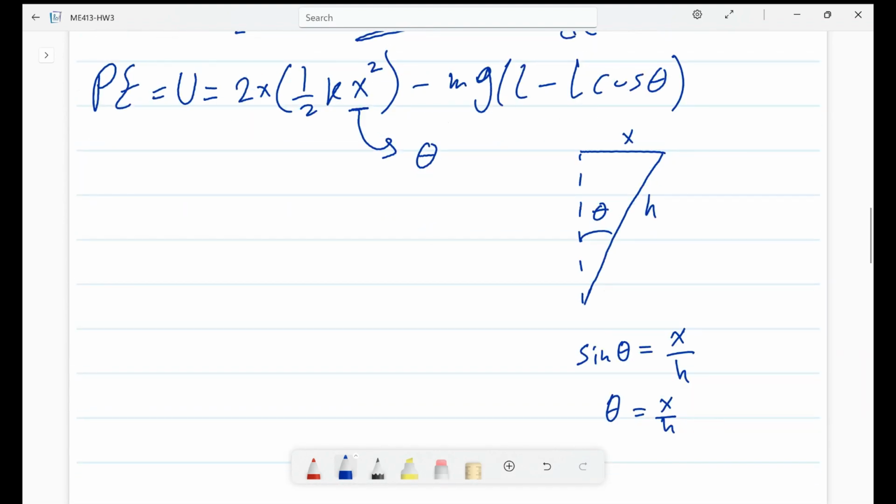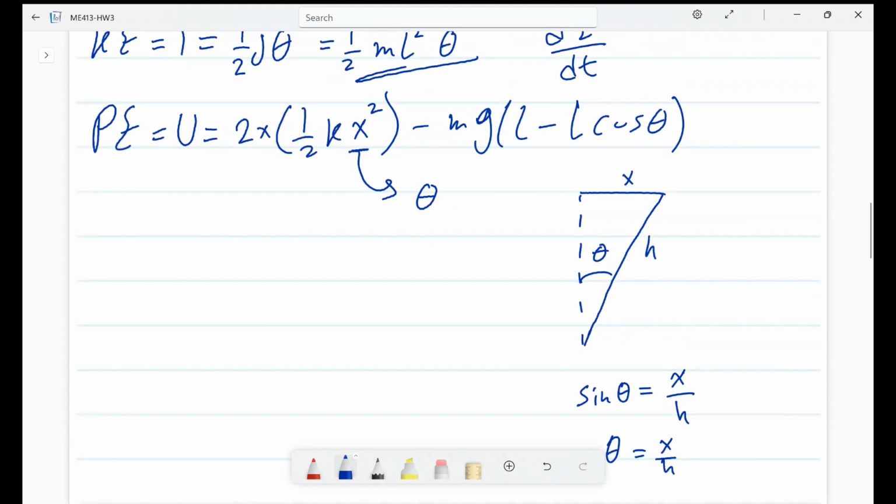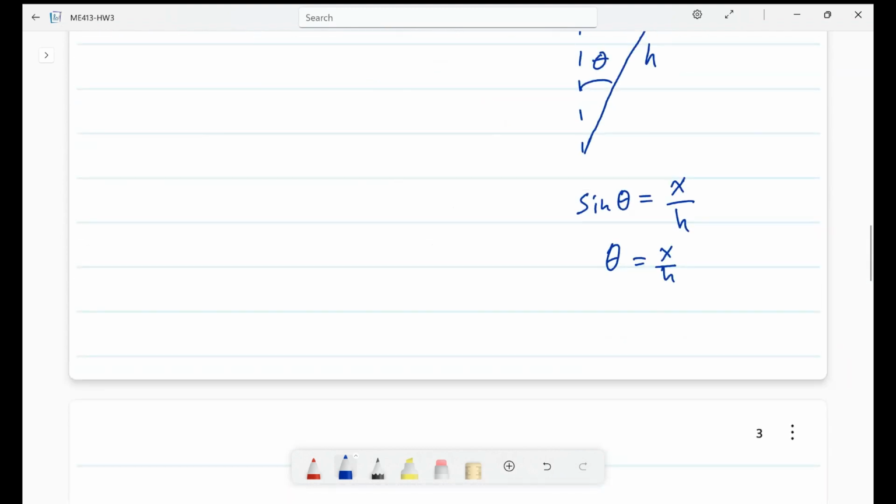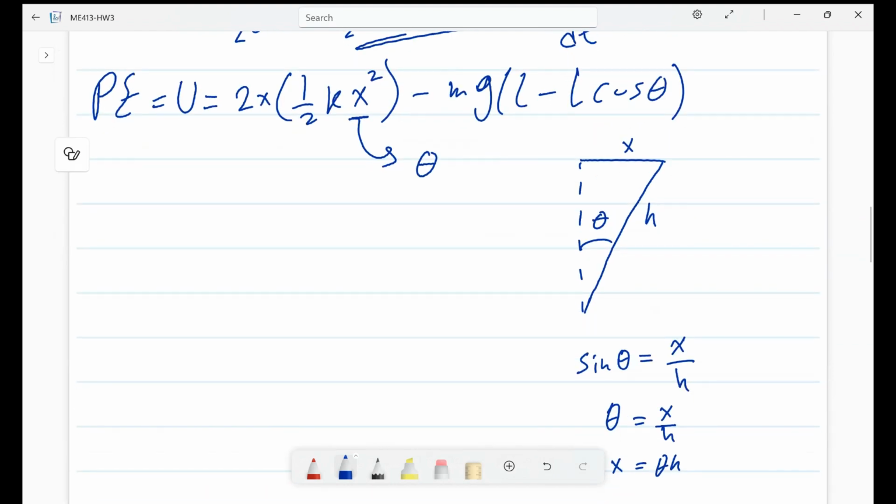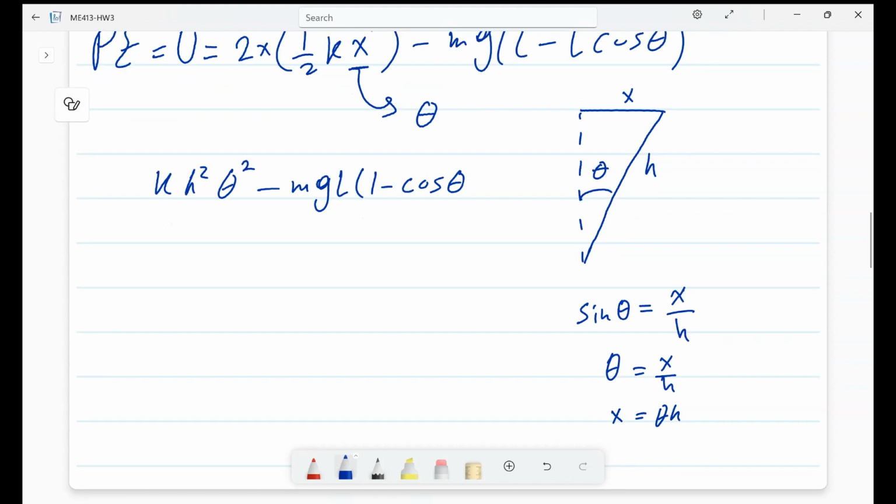Let's plug in theta here, so x will equal theta h. So this term will be k h square theta square minus m g l (1 minus cosine theta).